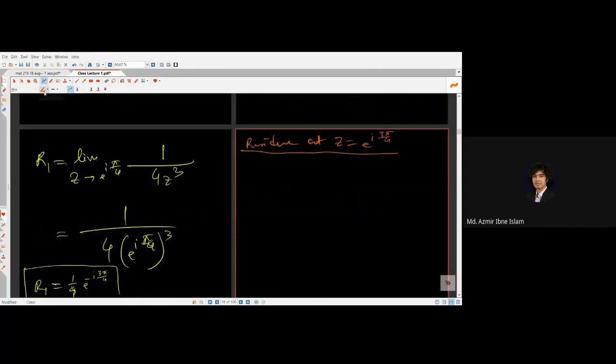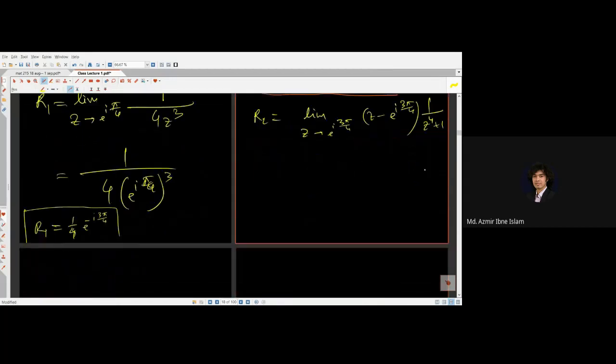So R2, limit Z tends to e to the power I 3 pi by 4, (Z minus e to the power I 3 pi by 4) over (Z to the power 4 plus 1). Again, L'Hopital rule can be applied because it is 0 by 0 form.